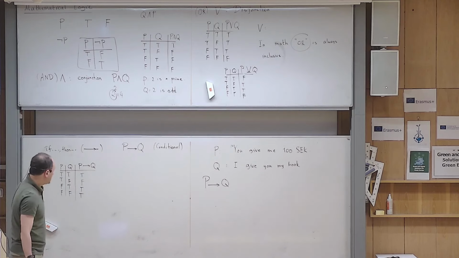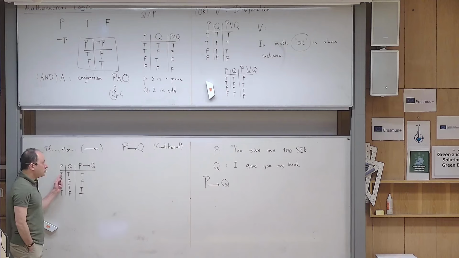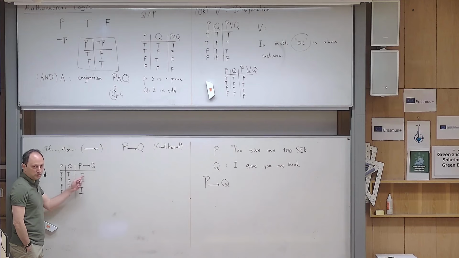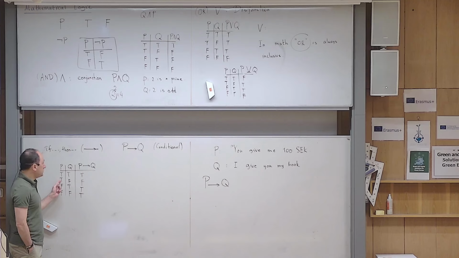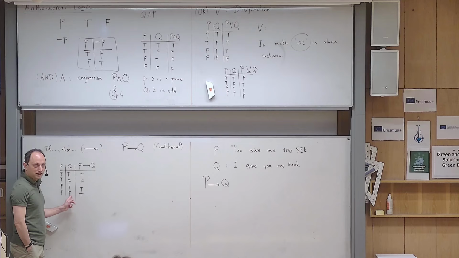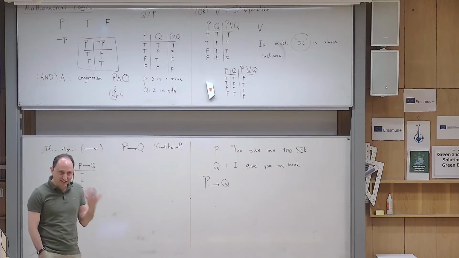Let us analyze that. If you give me 100 crowns and I give you the book, you will not take me to court. If you give me 100 crowns and I don't give you the book, then you will take me to court. That's F. This one is understandable. The hard part sometimes is this one: if you don't give me 100 crowns and I don't give you the book, it is true, because nothing strange has happened.